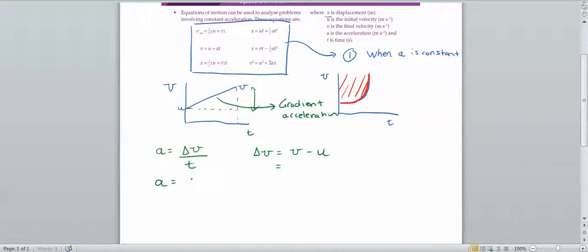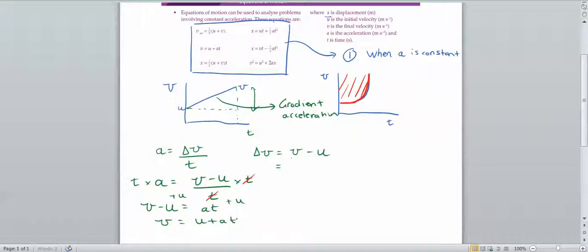We've got the acceleration is v minus u on t. Now, if I was to multiply both sides by t, these t's would cancel out, wouldn't they? And what we've got left is v minus u is equal to at. Let's add u to both sides. We've got v is equal to u plus at.